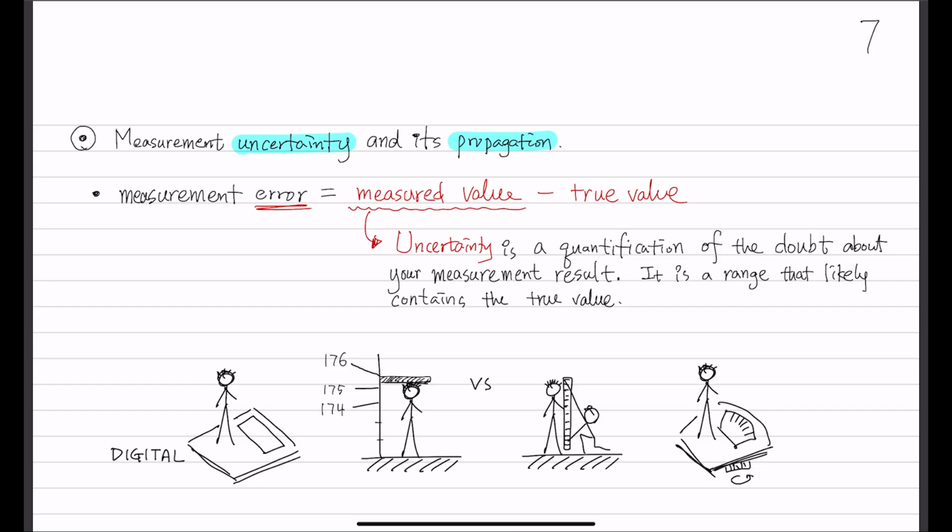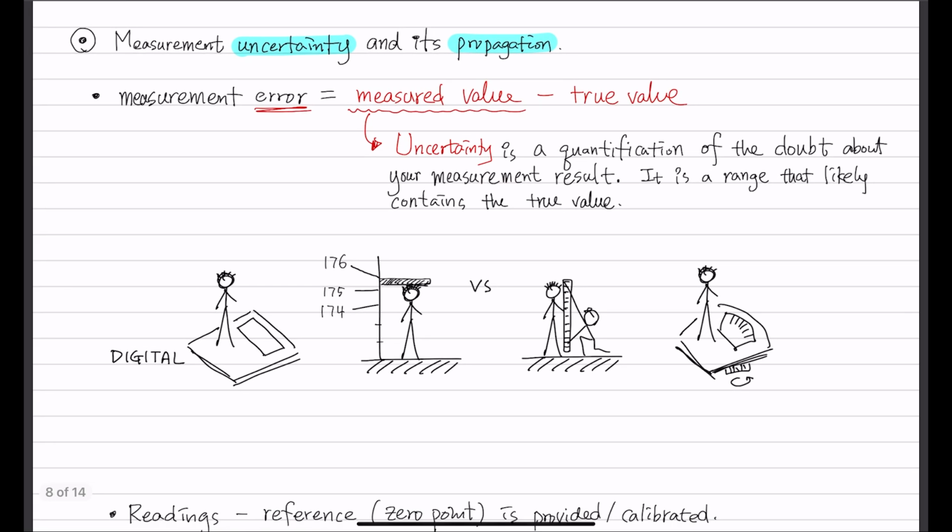So error is your measurement versus true value, okay? And uncertainty is about your measurement. All right? And, well, we use this measurement as a general term here, but if you are really into this field, people have these in two categories.